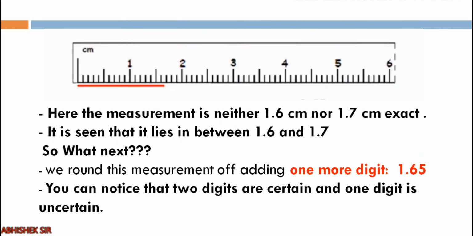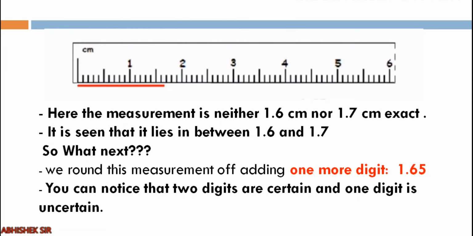Significant figures are nothing but the important digits that are taken care of in any measurement. You can see 1 and 6 we are sure are perfect, but 5 we are not sure. So 1.65 has significant digits which contain two certain digits and one uncertain digit. Clear? So this is about rounding off with accuracy.